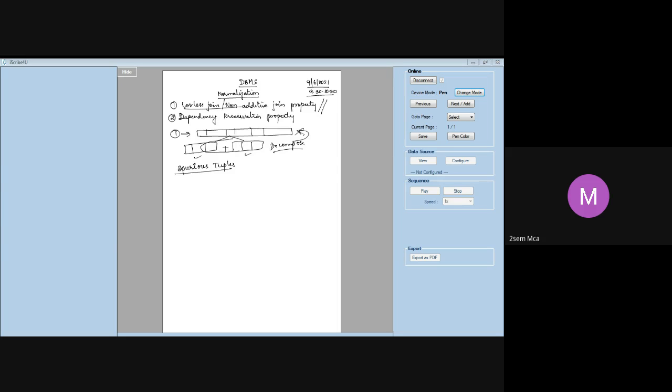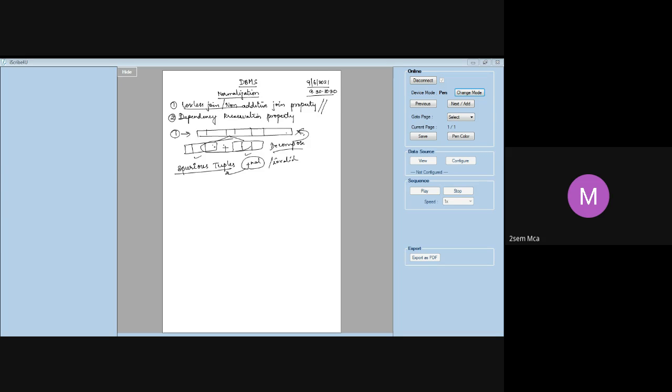When I join these two tables, again I should get back the original table. When I perform a join on these two parts, if I get some additional tuples which are not valid, those additional, invalid tuples I call spurious tuples.